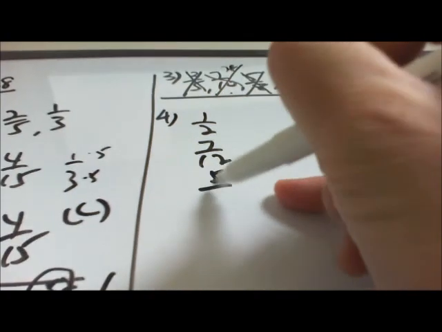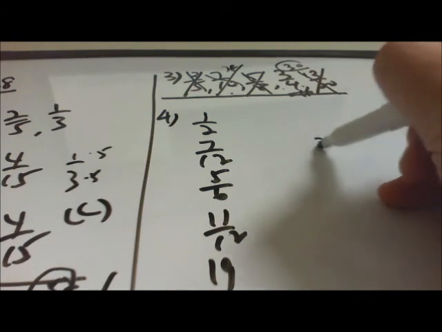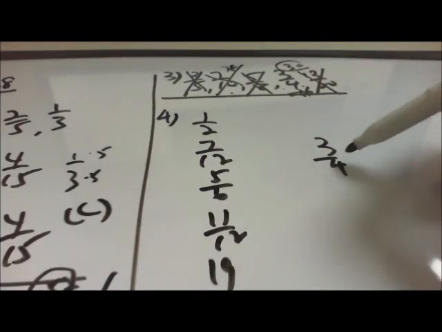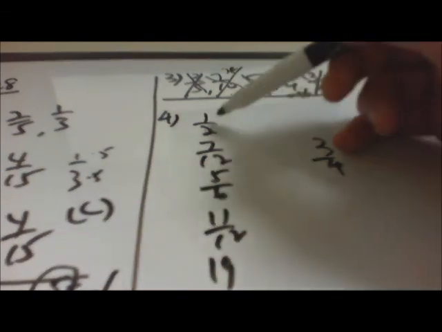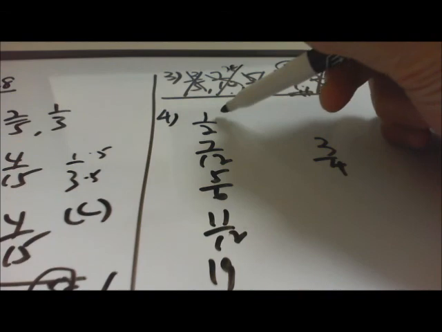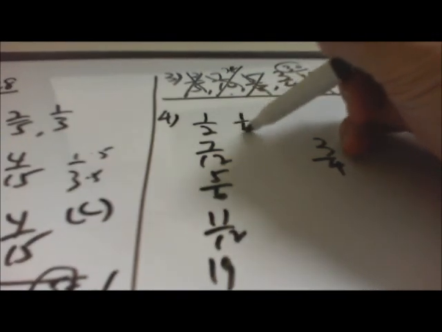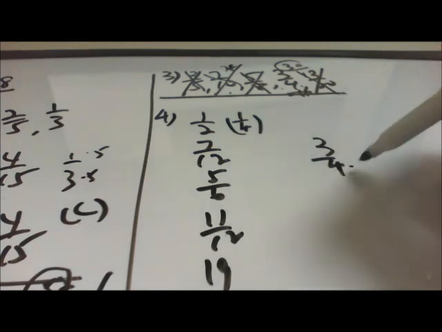and 19/24. 3/4. So you can compare this with this. This is 2/4, so it's 1/4 away. In this case, I can change to 12, times 3, times 3. So it's 9/12.